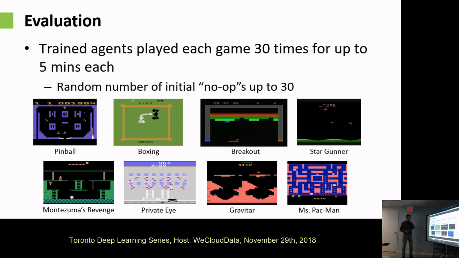Earlier this year, OpenAI and DeepMind came up with papers that were able to solve the first level of Montezuma's Revenge, but they used human experience to do that. In DeepMind's case, they trained it on YouTube videos from human players. So it's not really what they're trying to achieve here.